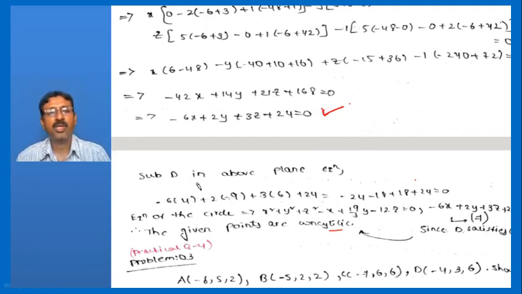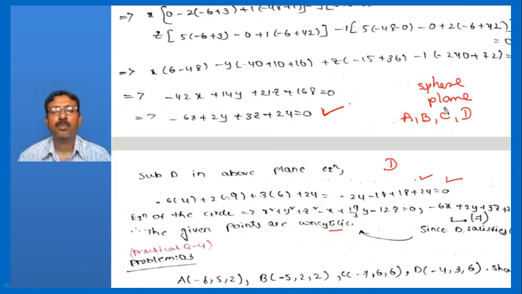I get an identity here also. Right side is 0, left side is also 0. Therefore, the point D also lies on the plane. Therefore, finally we conclude that the points A, B, C, D lie on the sphere and the plane.